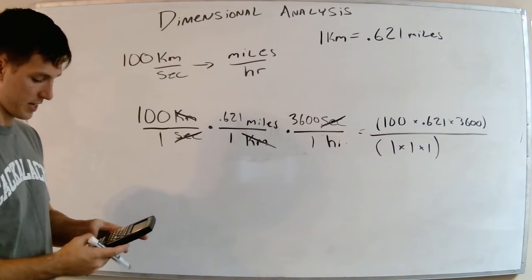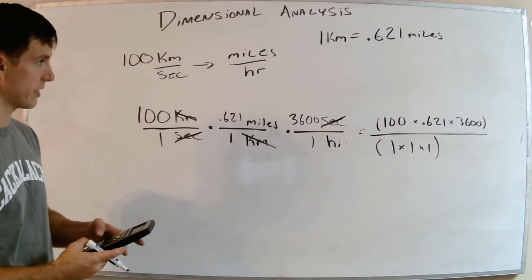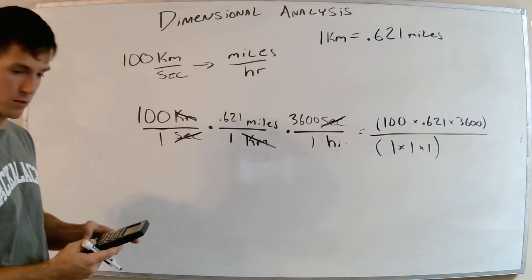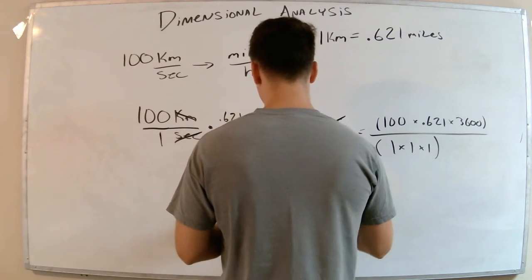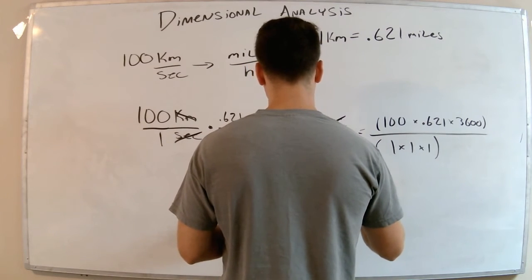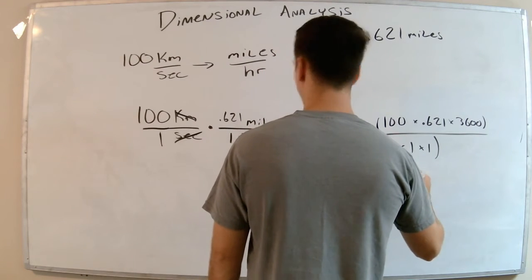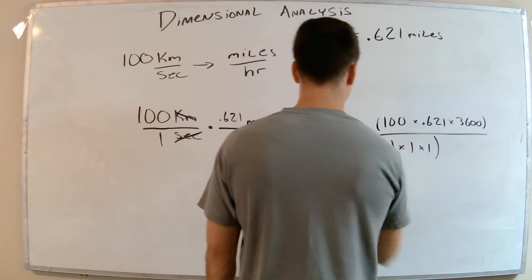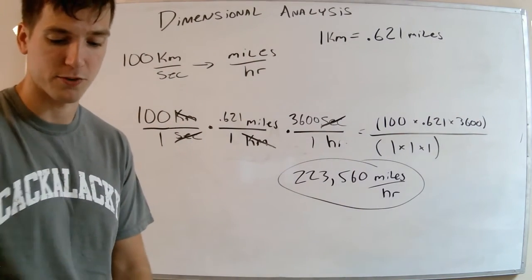So I got 100 times 0.621 times 3,600, okay, divided by 1, and you should get something like 223,560 miles per hour. Okay, so you're flying if you're going 100 kilometers per second.